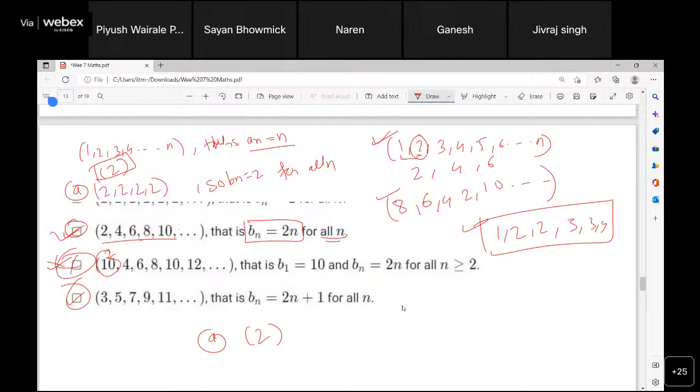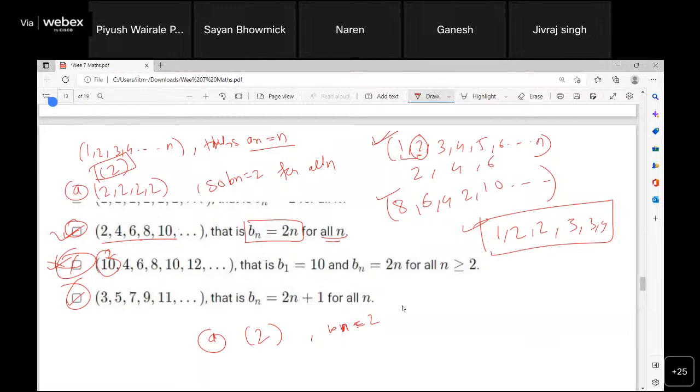One more thing. If option A is only 2, when bn equals 2, is it a subsequence? No, it is not, sir, because it is given by 2n. If n tends to infinity, then bn should also tend to infinity, sir.